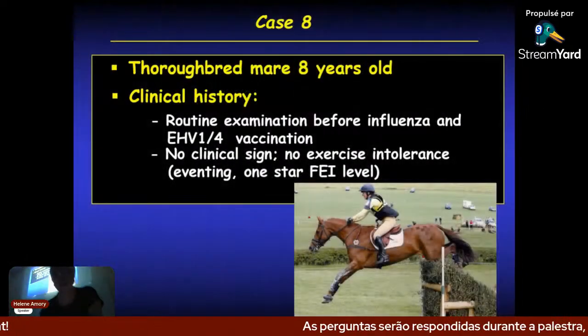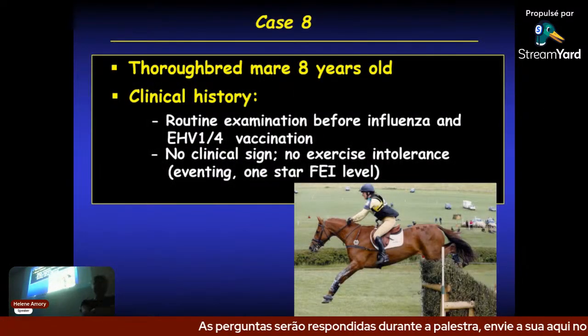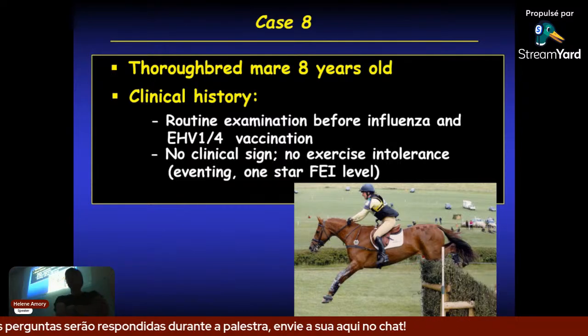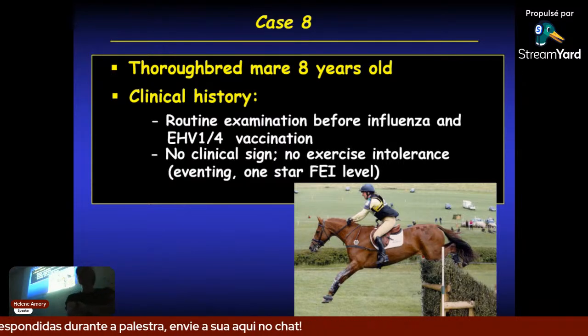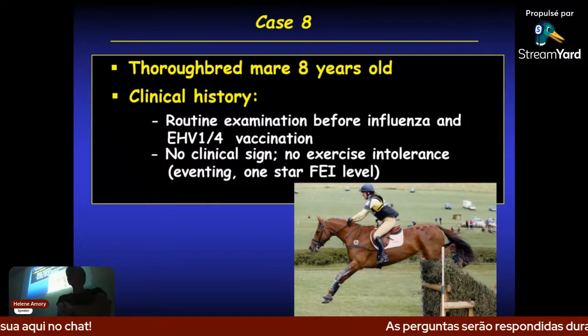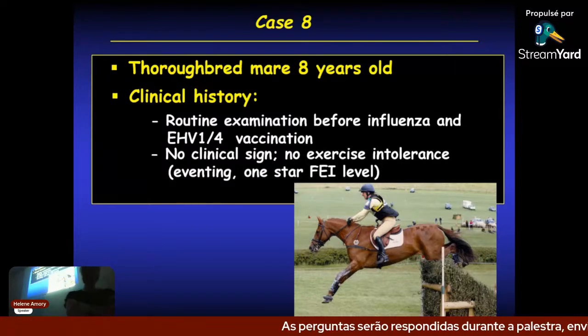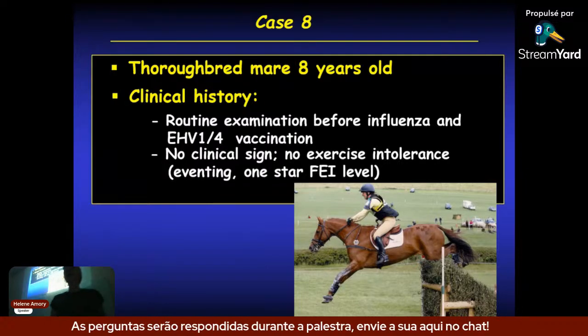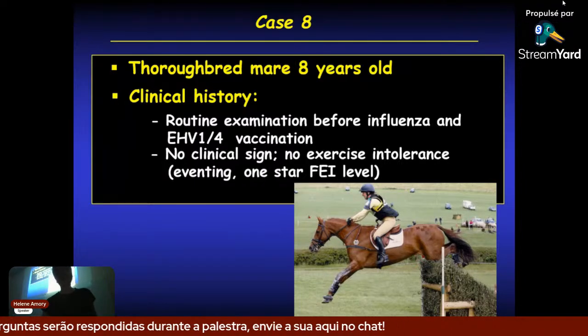Okay, case number 8. It's a thoroughbred mare, 8 years old. She was vaccinated and the vet auscultated her, and he heard a murmur. But it's a horse that does everything, 3-day events at a very high level without any problem.